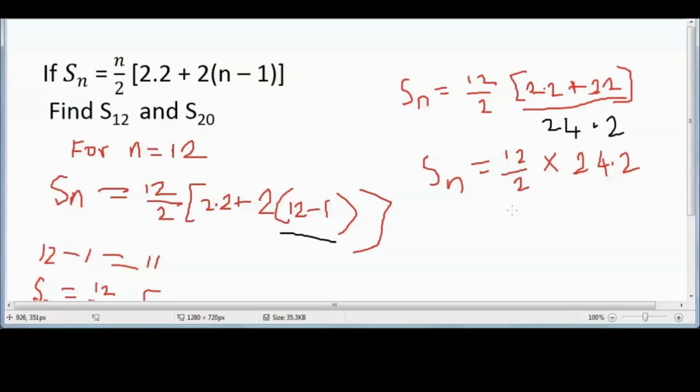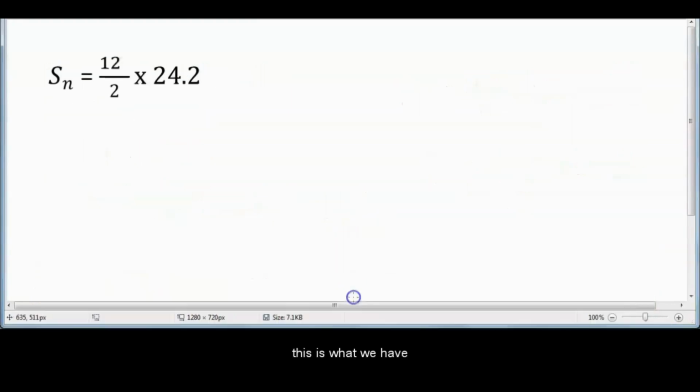Now next in the order of operation is division. This is what we have. So we are going to divide 12 over 2. 12 divided by 2 is 6.